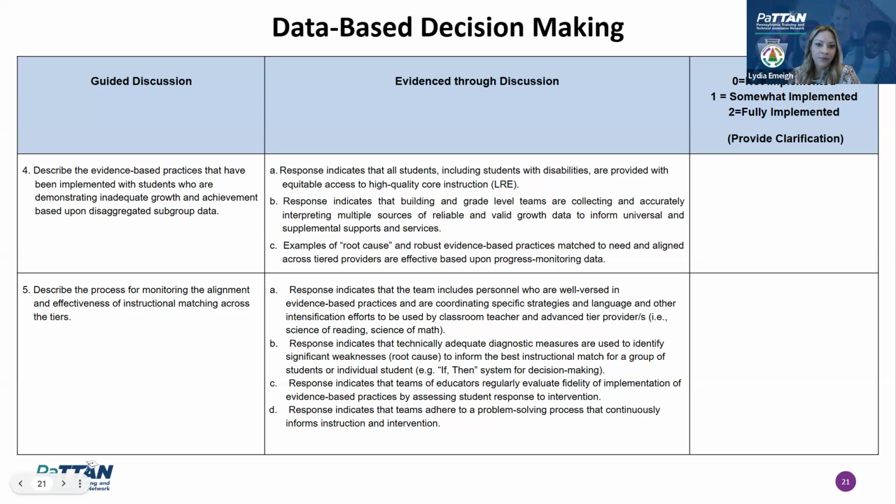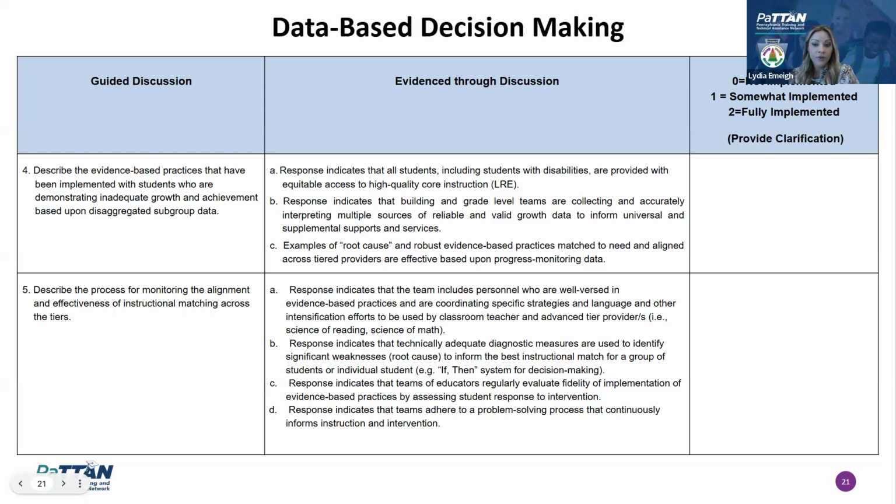Verifying instructional alignment and instructional matching across tiers should also be considered when using this Fidelity tool. The LEA team will provide evidence through discussion that team members are skilled in evidence-based practices and intensification strategies. The LEA team will consider the diagnostic tools used to pinpoint root causes of learning challenges to ensure instructional matching.